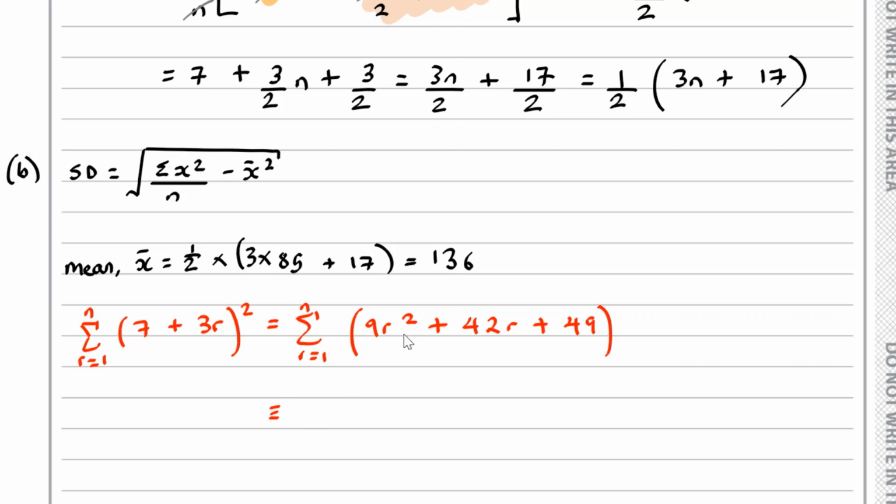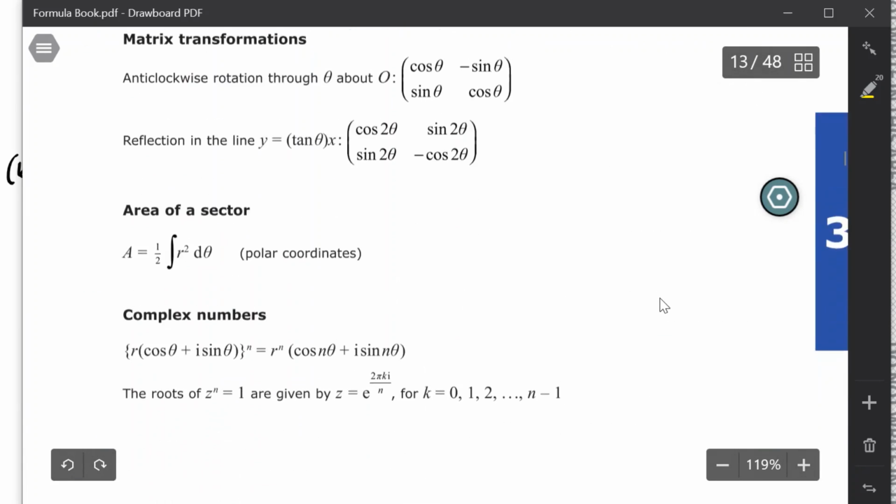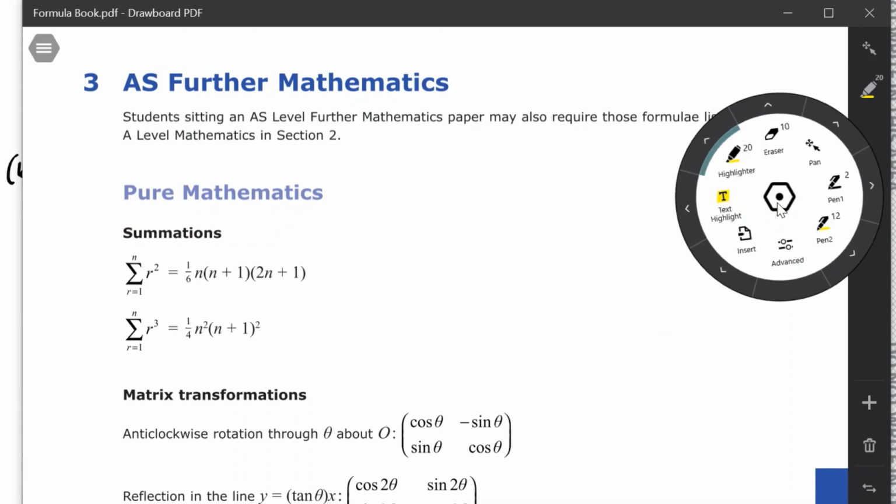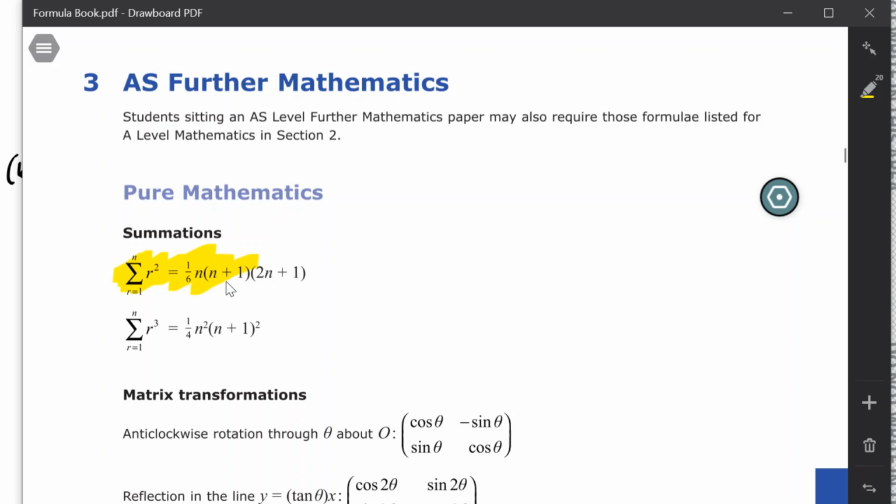which for us, we can happily see that we have 9 times by the sum from r equals 1 to r equals n of r squared plus 42 lots of the sum from r equals 1 to r equals n of r plus 49 lots of the sum from r equals 1 to r equals n of 1. And the sum from r equals 1 to n of r squared, in the A-level maths section that's given here, we can now use this formula as well.